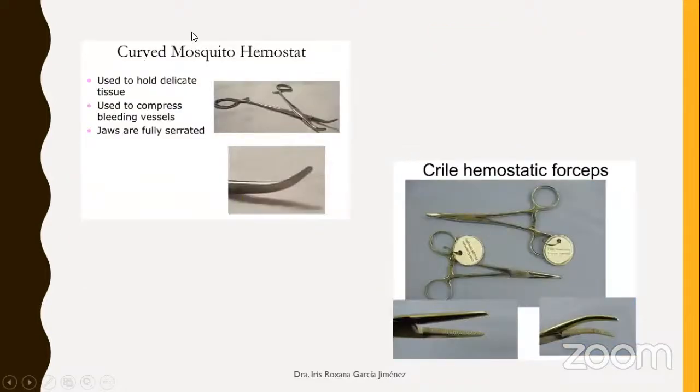The curved mosquito hemostat. Okay, you can check the difference and how it goes, right? The Crile hemostatic forceps. The Crile has a different shape in the point. You can see the straight one and the curved one.